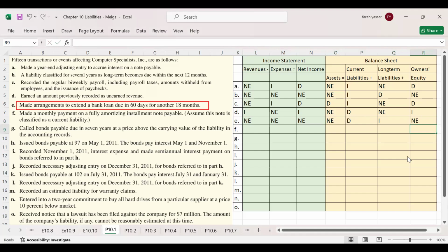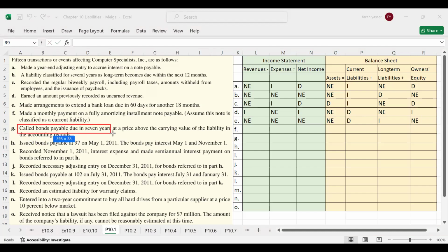So the next transaction, called bonds payable due in 7 years. No, I have skipped one transaction, which is F transaction, made a monthly payment on fully amortized installment note payable, and assume that this note is classified as current liability.